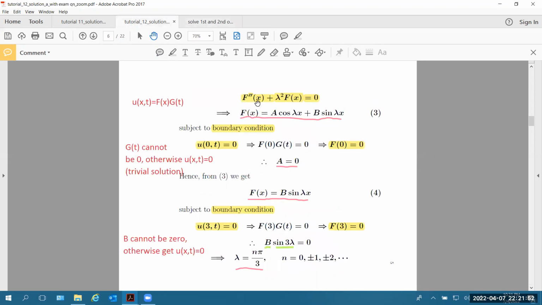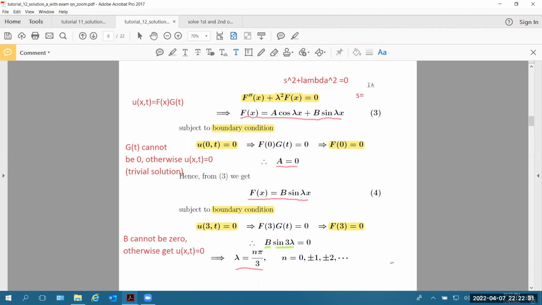In our case, you see the characteristic equation here is s squared plus lambda squared equal to 0. That's the characteristic equation. So if you go and solve this, you will get s equal to minus lambda squared, and then take the square root, right?